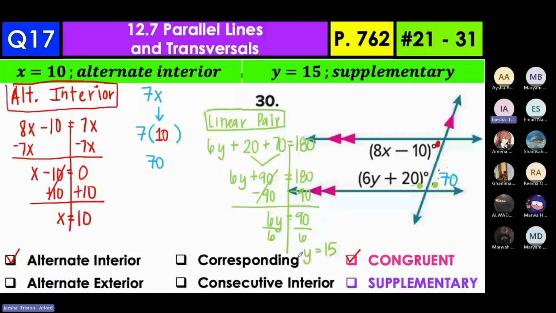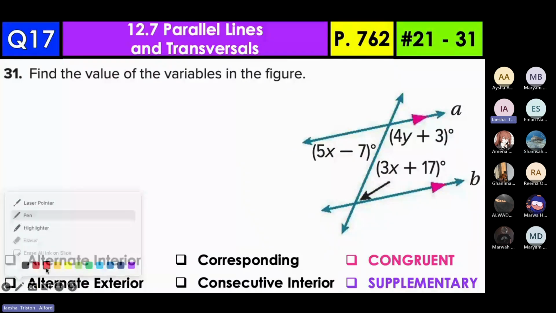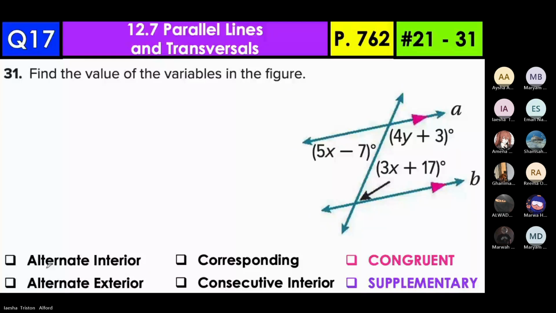All right, last one here. We need to find the value of x and the value of y. So which one are we starting with? X. Because two angles have x. There's two angles with x. This one is here, see the arrow. This one is here.